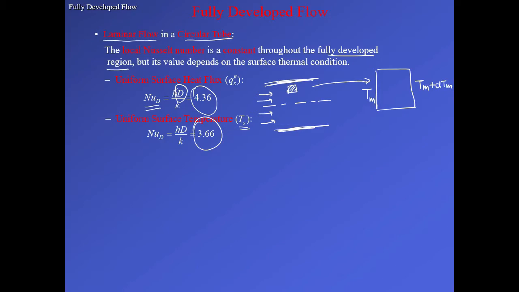So this is your x direction, and this is your r direction. Similarly you have r defined here as well, because it's a radial coordinate.